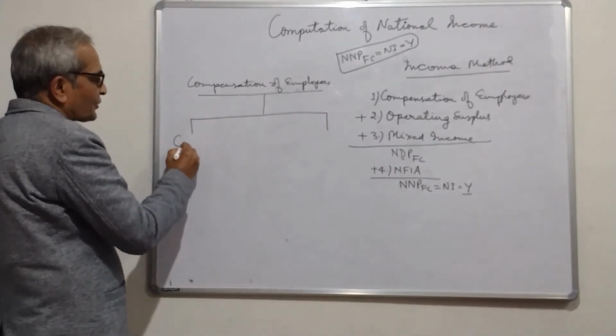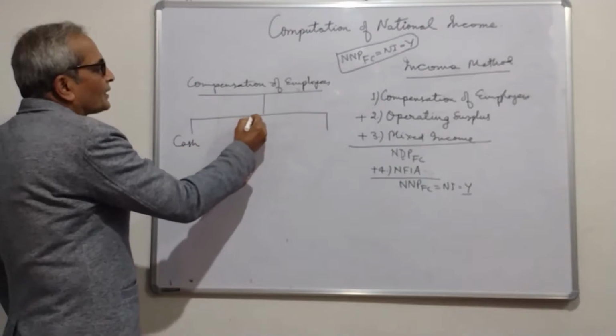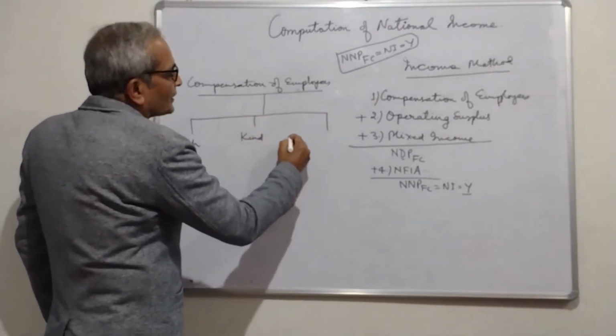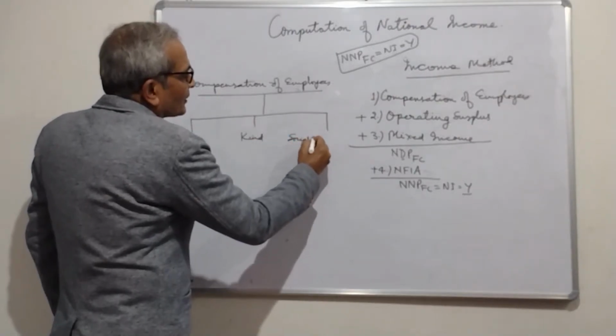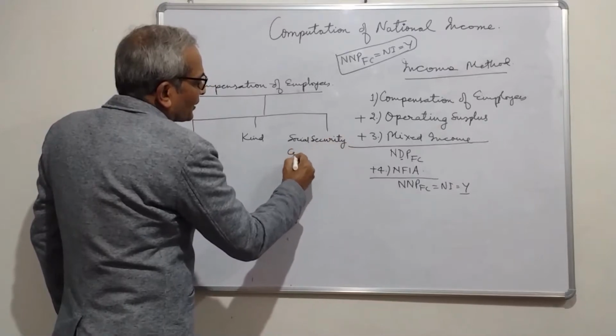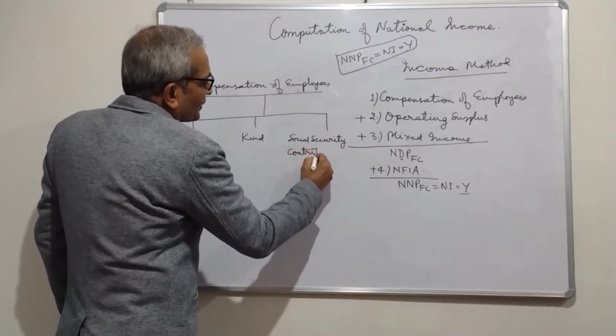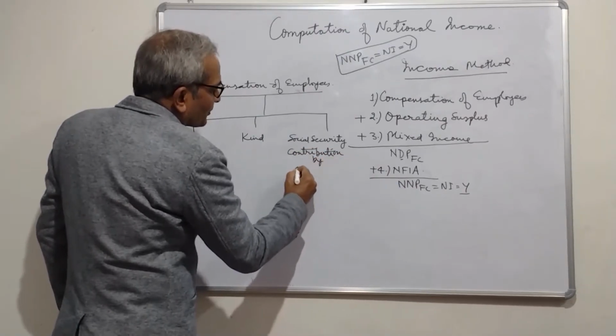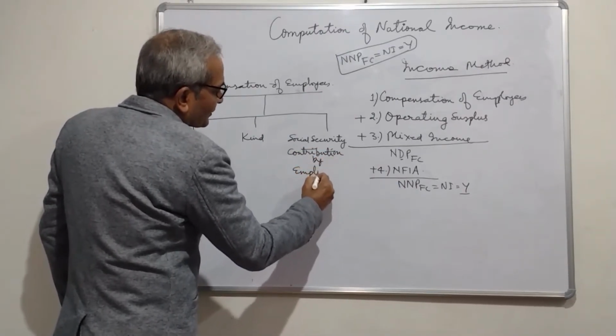One is cash, another is kind, and the third one is social security contribution by employers.